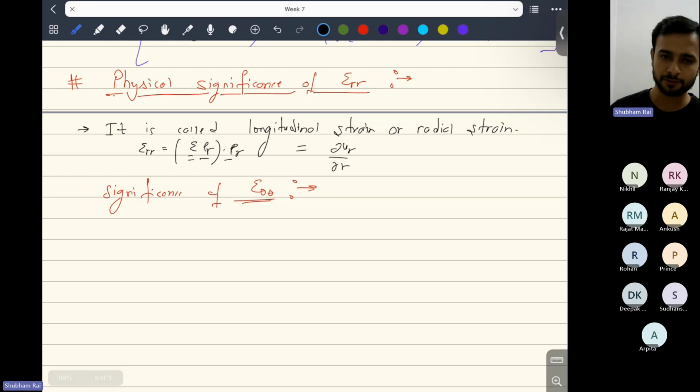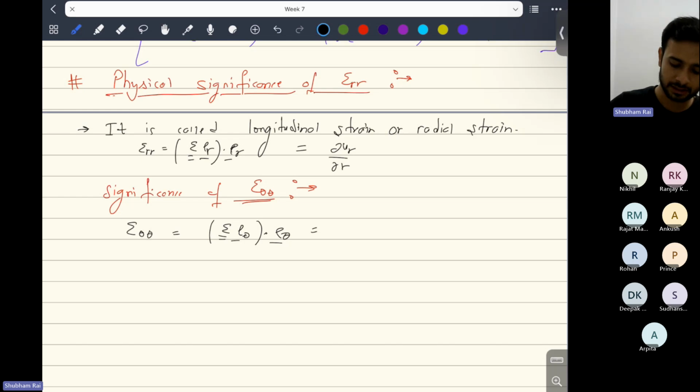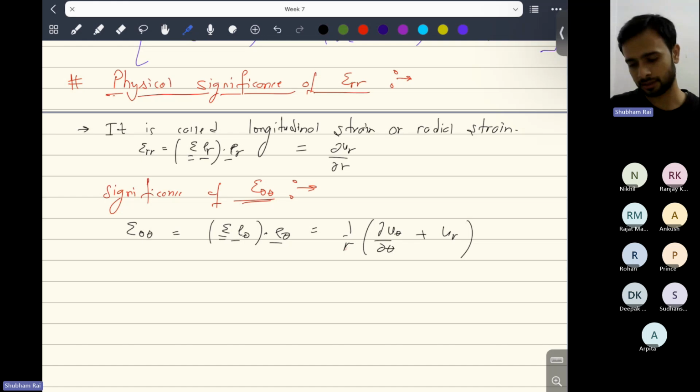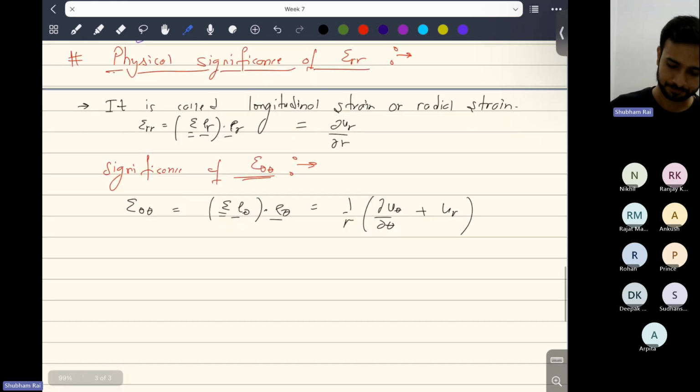So associated with that increase in circumference, there will be some circumferential strain. So let me just write the expression for that. So you have epsilon theta theta. That is nothing but if you find traction on the theta plane and then dot in theta direction, find the component of that traction vector in theta direction, you get epsilon theta theta, and its expression is 1 over r del u theta by del theta plus u r by r. So you have this u r by r as some extra term that will come in the cylindrical coordinate system.